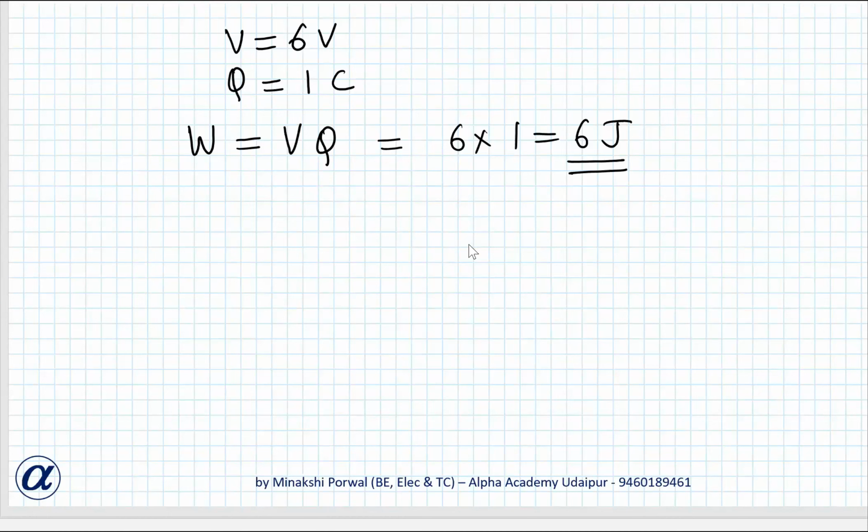Hinal, Himani, no doubt. Kavin is also having no doubt. What about others? Is anybody having any doubt in this portion? No doubt? Avni is also saying no doubt.